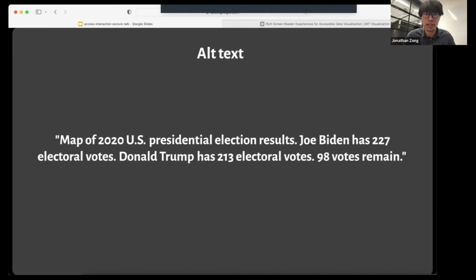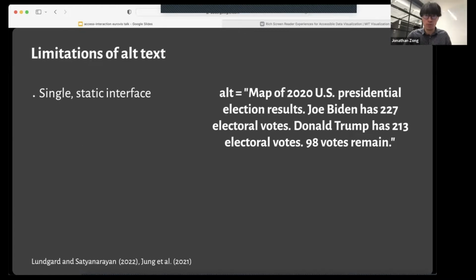An example alt text for that election chart might read something like this. Map of 2020 US presidential election results. Joe Biden has 227 electoral votes. Donald Trump has 213 electoral votes. 98 votes remain. And this is pretty good.